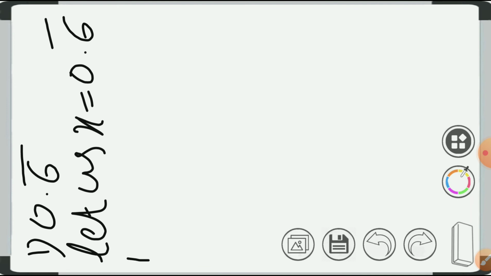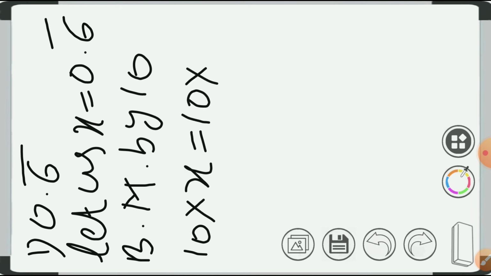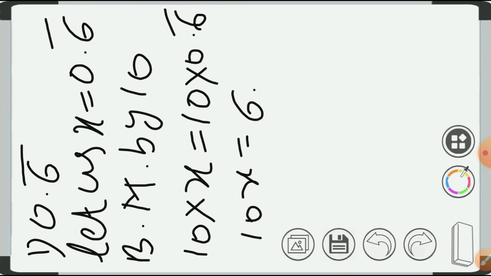Next, multiply both sides by 10. 10 into x equals 10 into 0.6 bar. 10x. When you multiply 10 into 0.6 bar, you get 6.6 bar. How does 6 come? Here 0.6 bar means 6 6 6 6 6 6 6. Okay, you take the next 6 to here. This one 6 is this and the next 6 is this one.